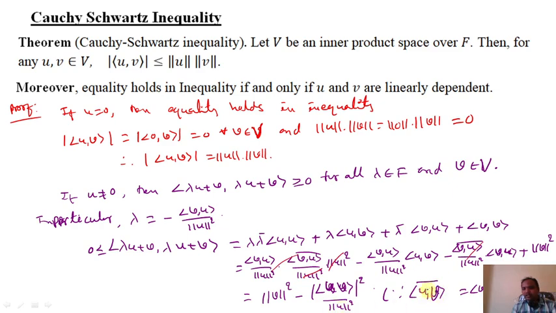So ⟨u, v⟩ conjugate times ⟨u, v⟩ is a mod square, like z times z bar equals mod z squared. That's why we apply that one.